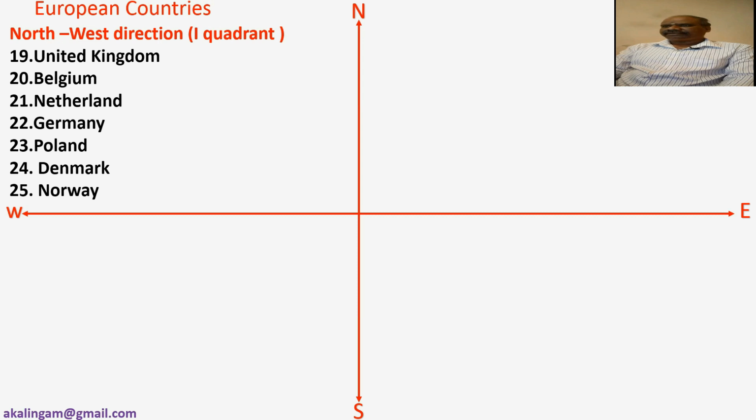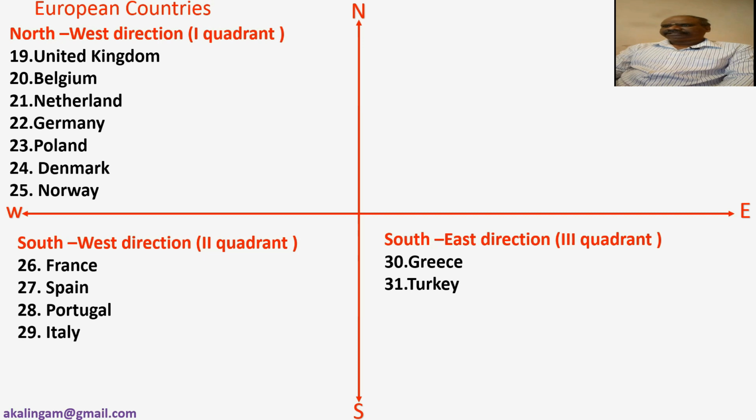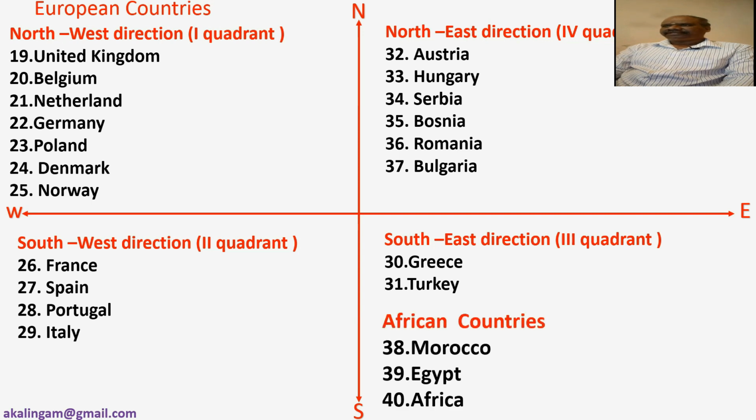Northwest direction countries: United Kingdom, Belgium, Netherlands, Germany, Poland, Denmark, Norway. Southwest direction countries: France, Spain, Portugal, Italy. Southeast directions: Greece, Turkey. Northeast directions: Austria, Hungary, Serbia, Bosnia, Romania, Bulgaria.